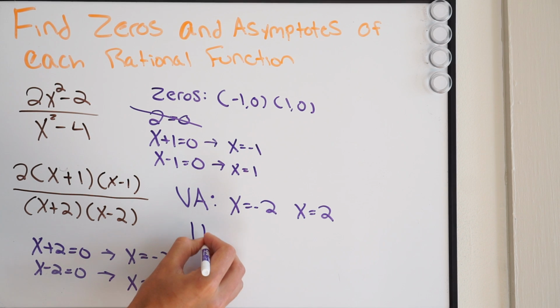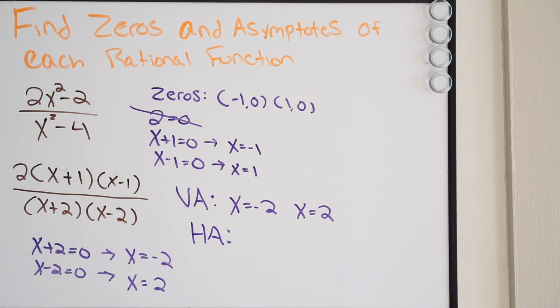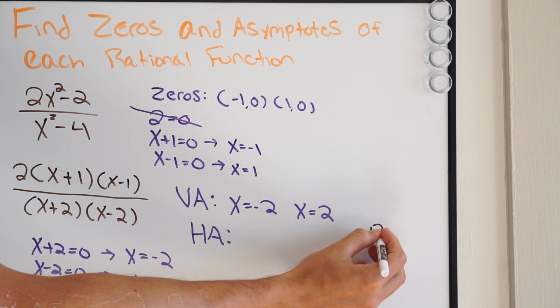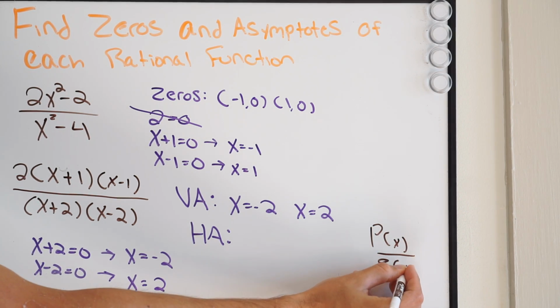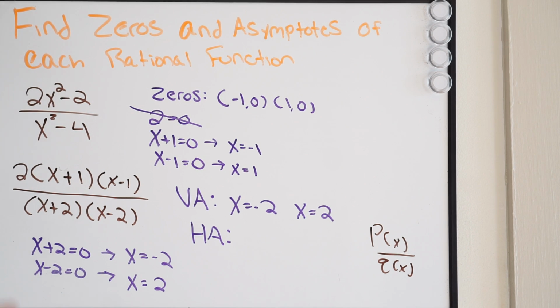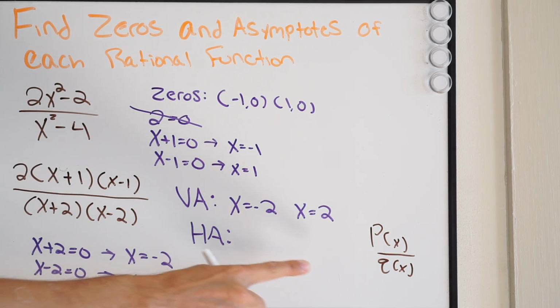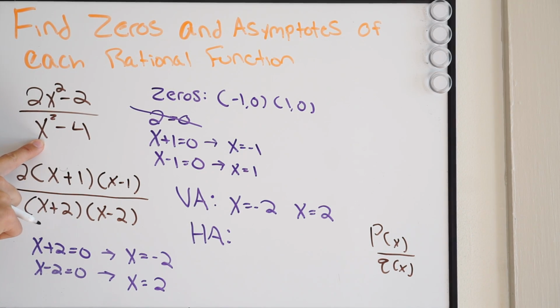Horizontal asymptotes, alright, almost done. Again, look to your original rational function, determine what your p is, determine what your q is. So again, we have p of x all over q of x. Okay, so my p of x is going to be right here, 2x squared. My q of x is going to be x squared. Alright, notice that they both have the same degree.